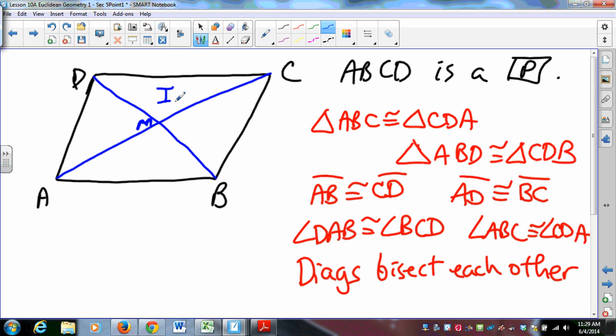Let's try to prove that triangle 1 is congruent to triangle 2. That shouldn't be too hard. Alternate interior angles are going to make that really easy. Vertical angles are congruent, and opposite sides of a parallelogram are congruent. So I get triangle 1 congruent to triangle 2 by angle, angle, side. And once triangle 1 is congruent to triangle 2, I get all the pieces that I'm looking for.